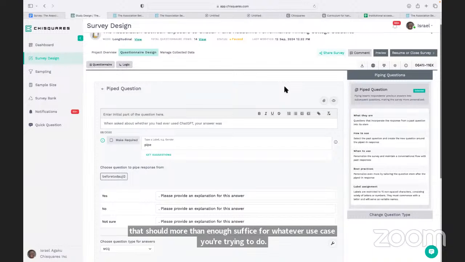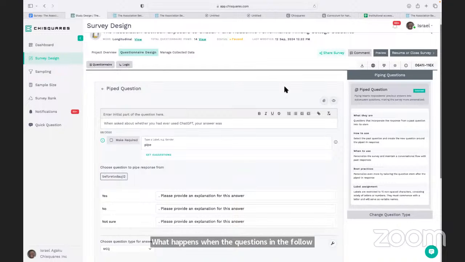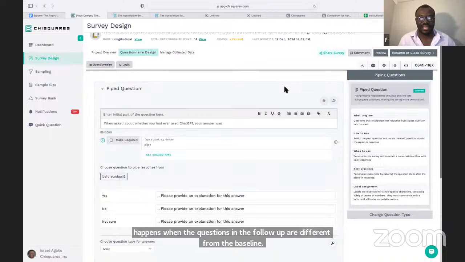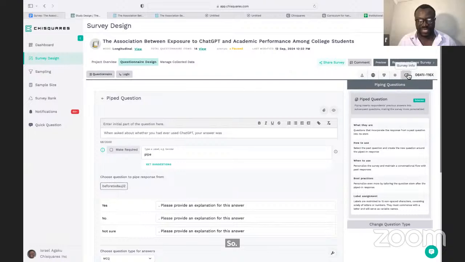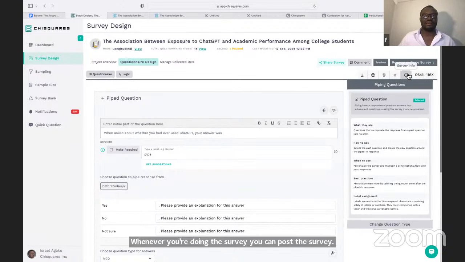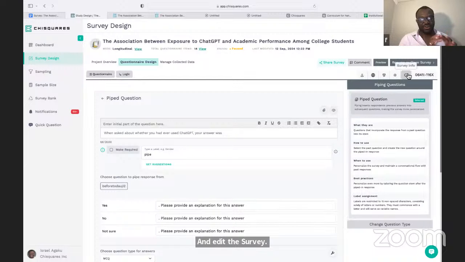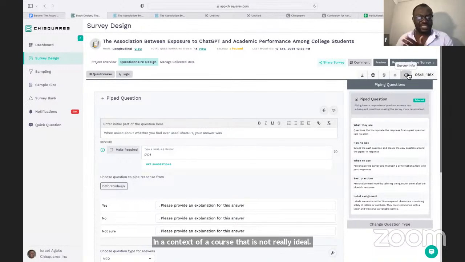What happens when the questions in the follow-up are different from the baseline? If the questions are different from baseline, you can always edit your survey. Whenever you're doing the survey, you can pause the survey and edit the survey. But in general, asking different questions in the context of a cohort study is not really ideal. The whole idea is to collect the same measures at different points in time, so you can see how they differ.